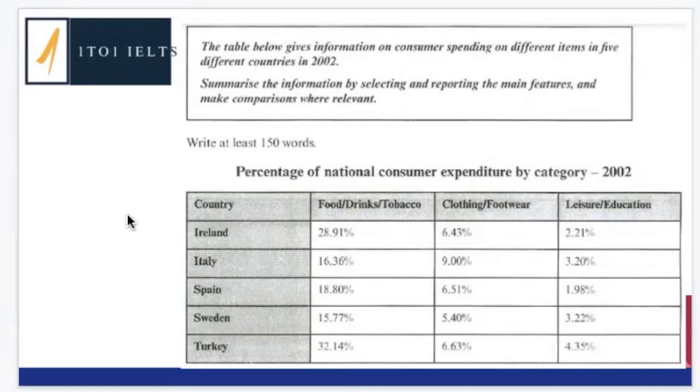What could you tell me about food, drink, and tobacco? Okay, so this is interesting. Gabby says Turkey is the highest.